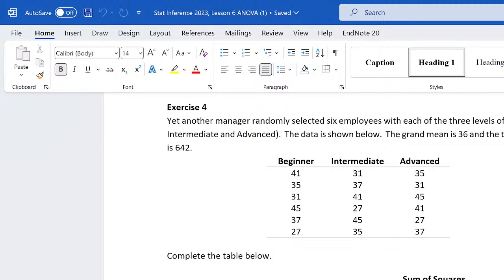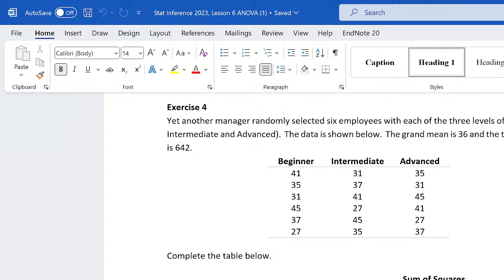I just jumbled the numbers: 41, 41, 41, 35, 31, 45, 37, 27. The 3 groups are exactly the same. So there is no variation between the groups, but we do see random variation within the groups.